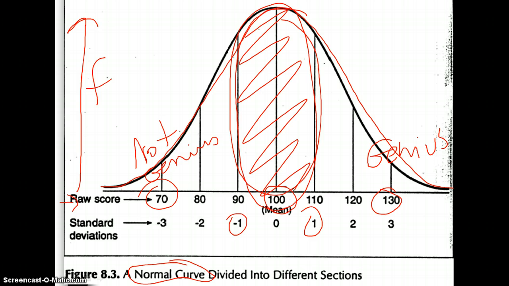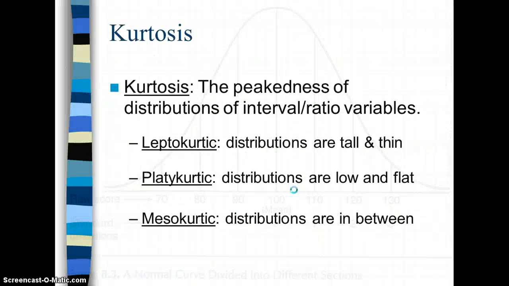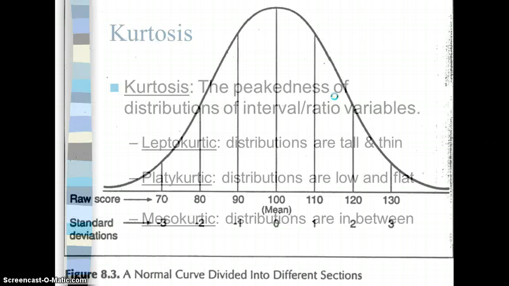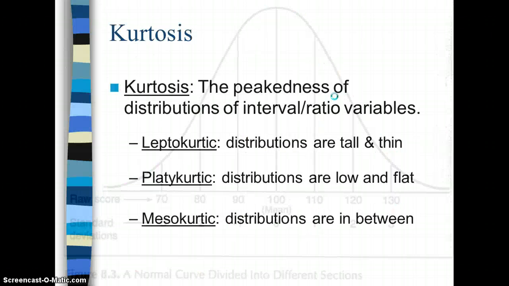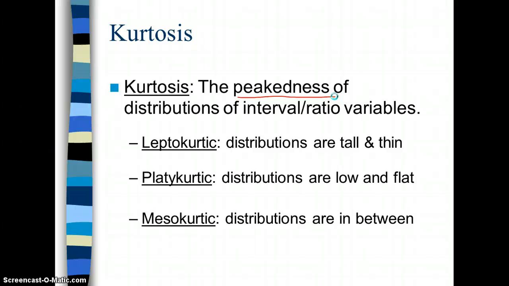And so we start to think about variation and standard deviation and variability more widely in terms of this curve, which means that the shape of the curve that we actually see in a distribution becomes increasingly important. And we call the shape of that curve the kurtosis, which is literally the peakedness of distributions of interval ratio variables. And they're all going to be somewhat like this normal curve, but they'll have different characteristics.